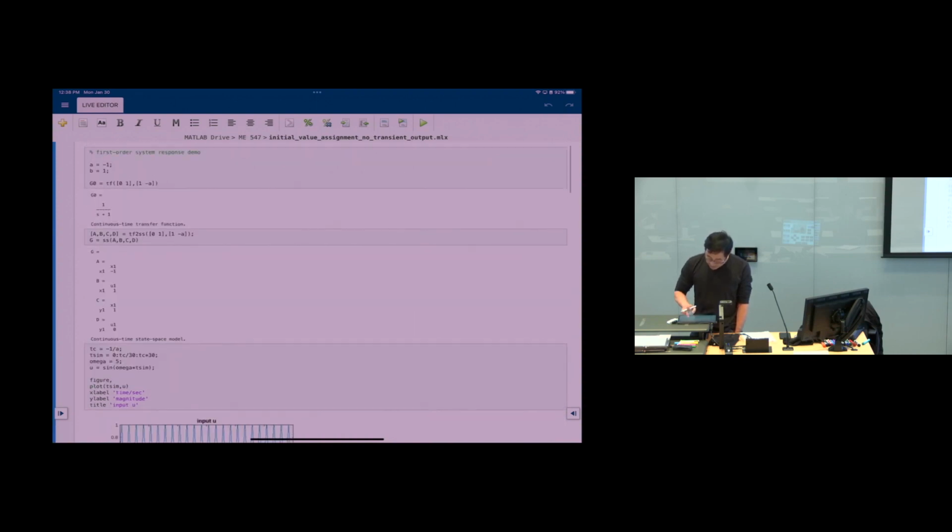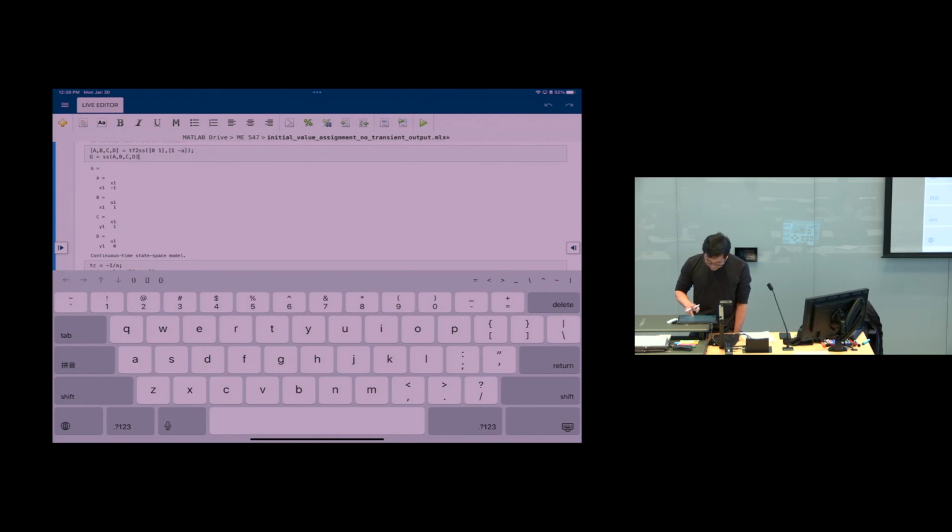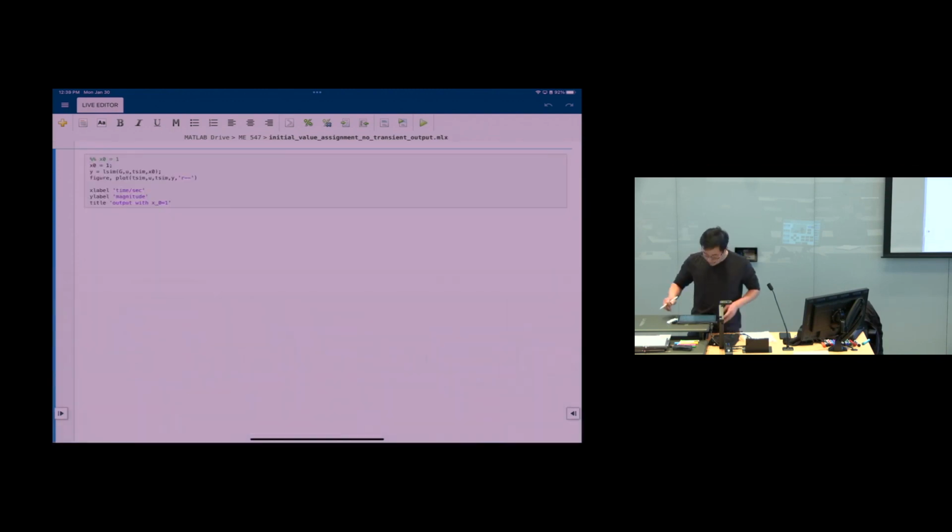All right, so let me run the first few blocks. Now this command is showing me, I assign the initial condition, I just pick some random number. Let's say the initial condition x0 is 1, and then I simulate the system with lsim with the input u, simulation time interval Tsim, and then initial condition x0.